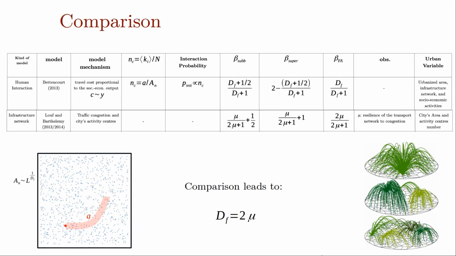And what was interesting also when we put all these models together is that we could compare very different kinds of models. For example, we have here the Bettencourt model that considers the idea of the cross-section interaction of the people, and also considers that the salary must guarantee the access of the people throughout the city.